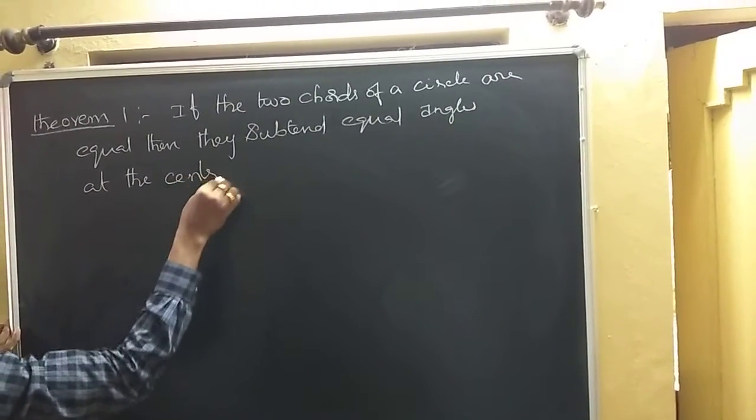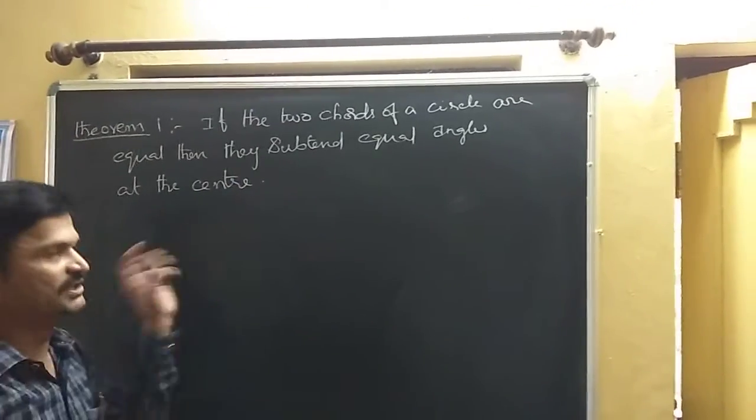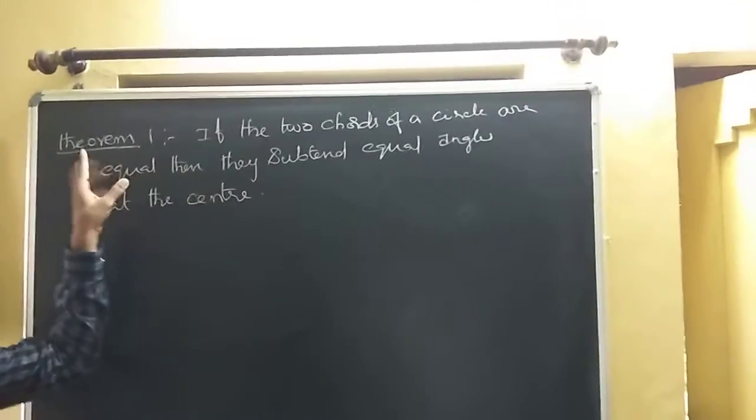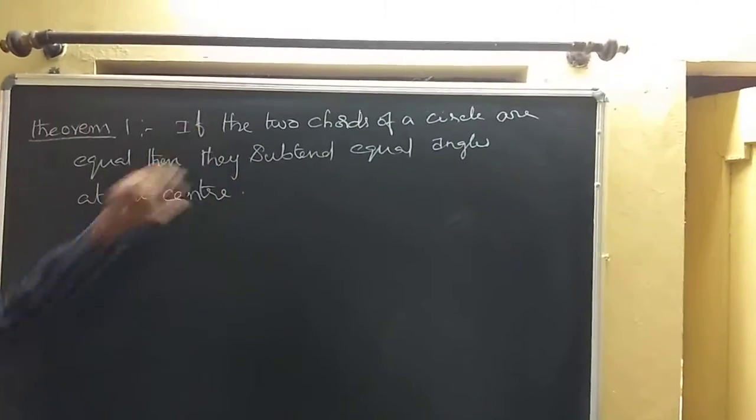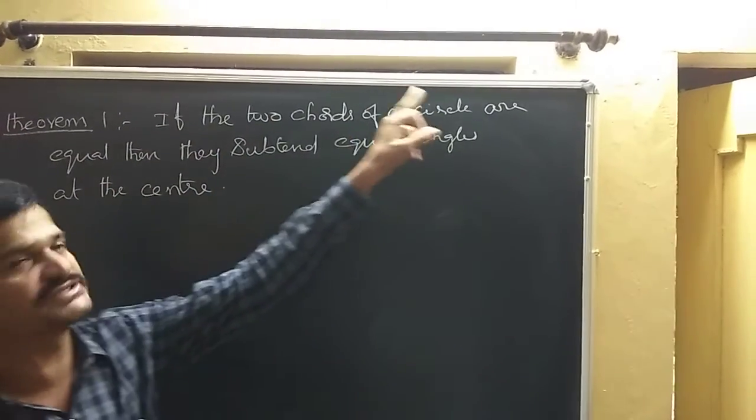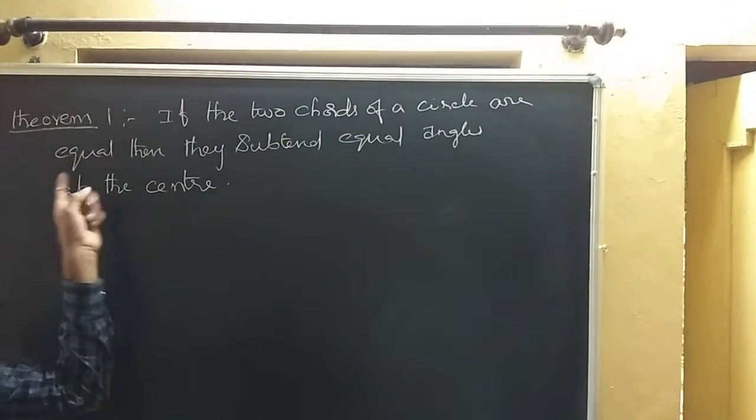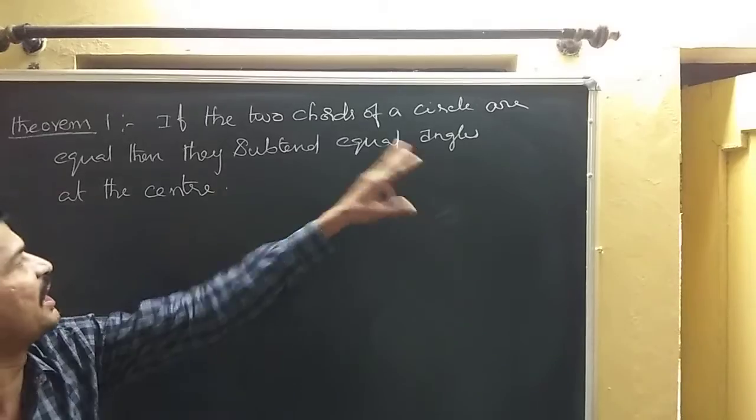This is the theorem we are going to learn now in this class. Once again I am reading the theorem statement. If the 2 chords of a circle are equal, then they subtend equal angles at the center.